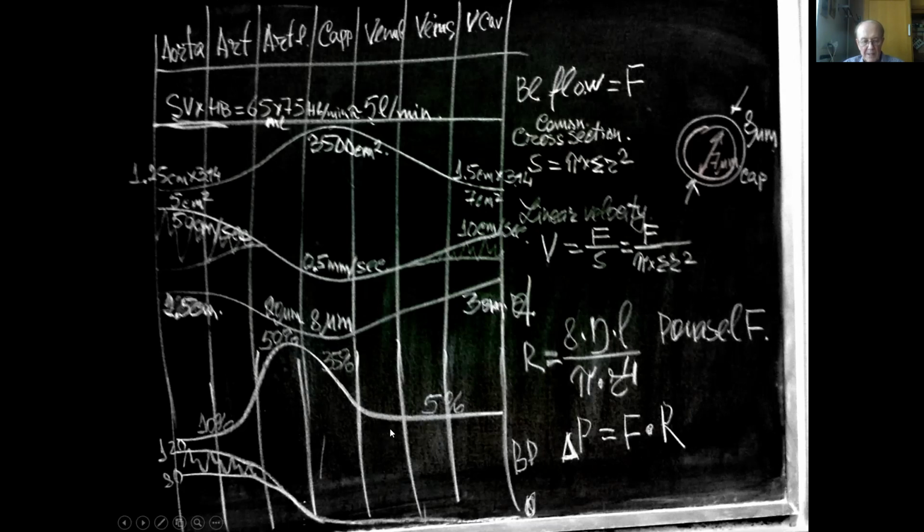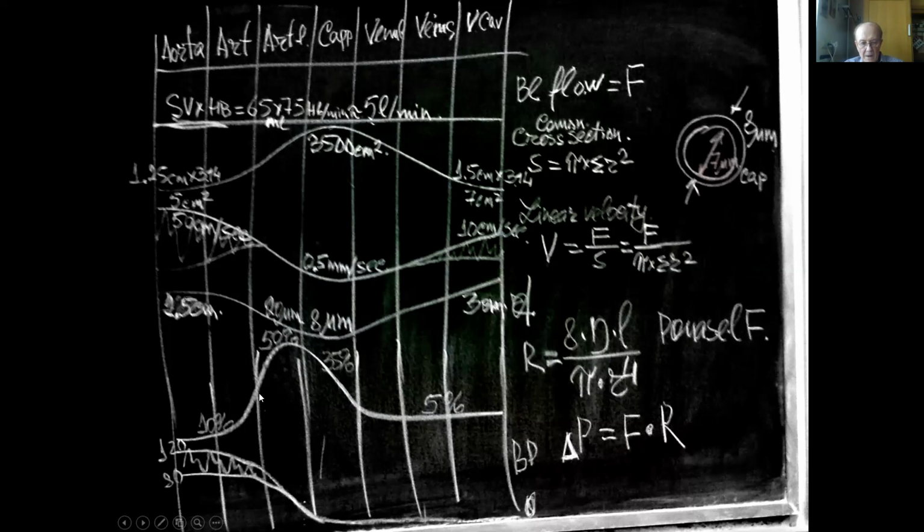And why is the maximum vascular resistance, the maximum friction, not in the capillaries but before the capillaries? Because the minimum radius is in the capillaries, but the length of the capillaries is very small. The capillaries are wider there, 8 microns, and this is 20 microns.